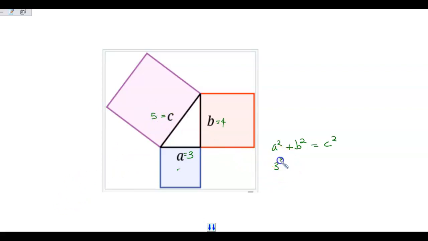So I have 3 squared plus 4 squared equals 5 squared. This is 9. This is 16. And if I take 16 plus 9, I get 25. 5 squared is 5 times 5 is 25. So this proves this right triangle. This is what you call a perfect right triangle, because you have 3 sides of the triangle that can form perfect squares.